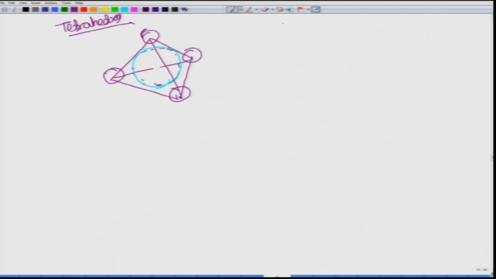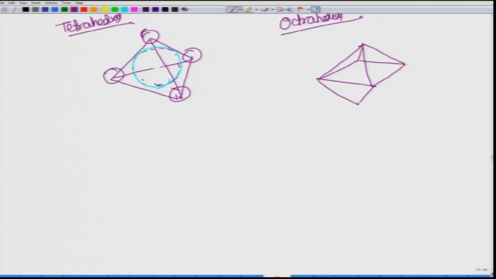What is an octahedral? In octahedral, basically it has 8 faces. So, it goes like so, here you have atom, here you have atom, here you have atom.